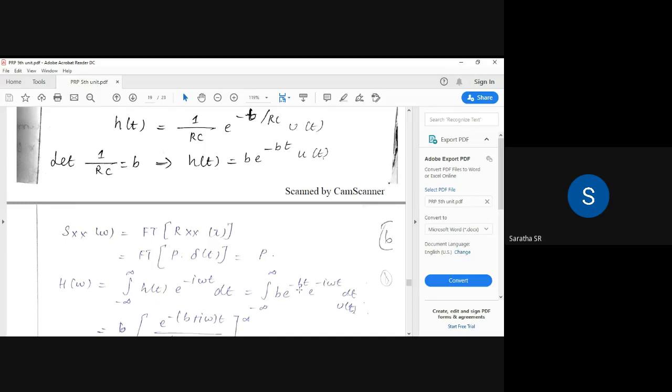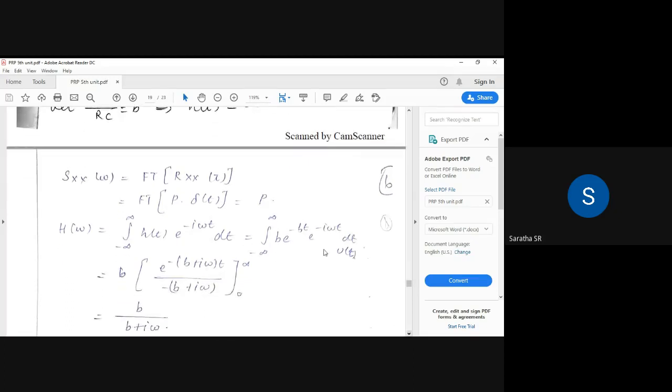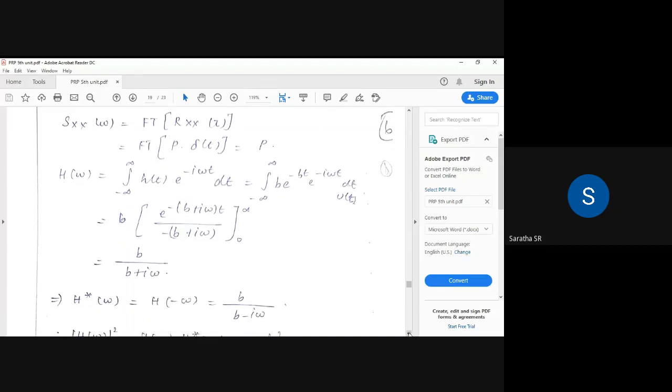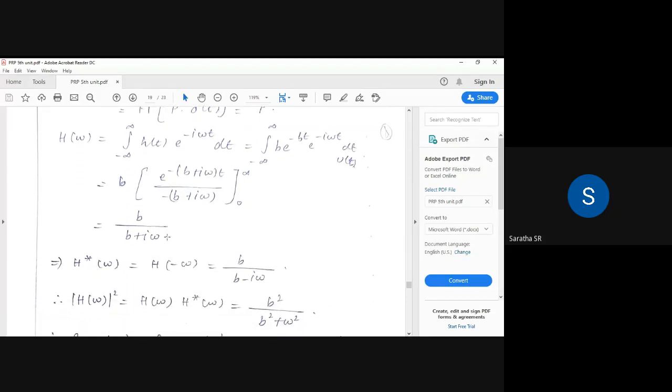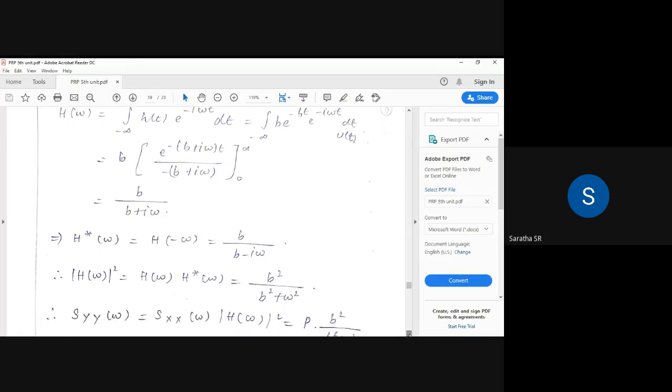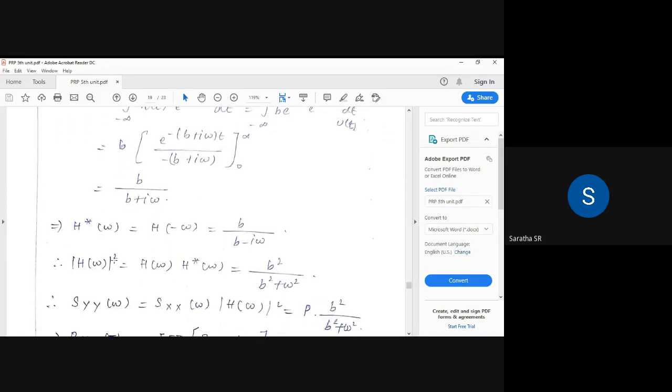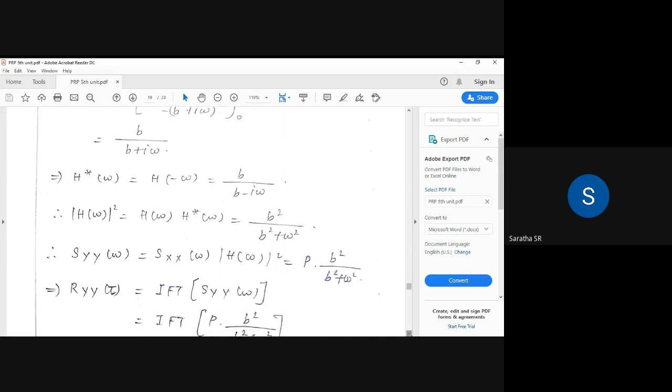H of t is given, so replace it and do the integration: b e power minus bt e power minus i omega t. B is a constant, take it out and integrate this, and we got this answer. For H star of omega, we replace omega by minus omega. Then we find modulus H of omega the whole square by multiplying these two. Then Syy of omega we also got.